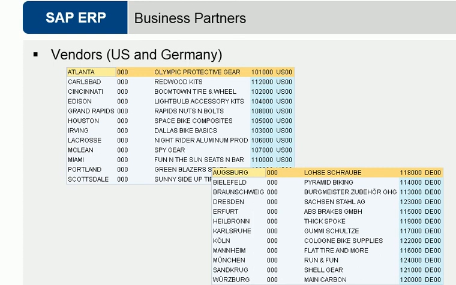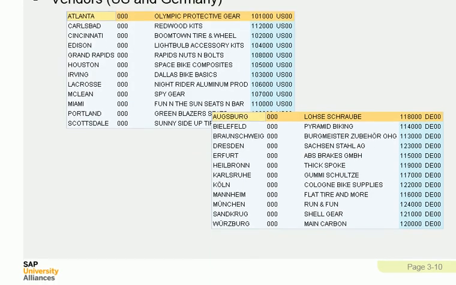These are goods that you just resell. So of course you will have vendors that you buy from. And again, if you are performing maintenance on the products, then you may be buying certain parts cheaper from the US or from China or so on. So your vendors in the US are different from the vendors in Germany.